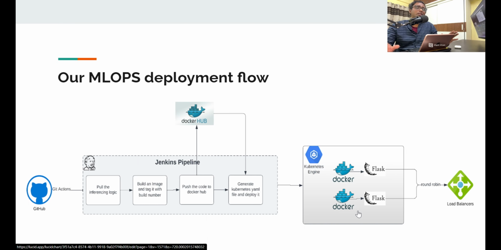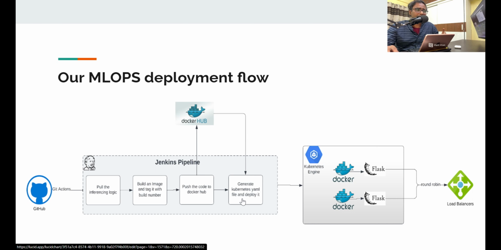You are not even aware that your container is down. Everything will be taken care of by your Kubernetes engine. And of course, as we are deploying our model in multiple places, technically in two different servers, we'll get two APIs, right? And we need a load balancer. Kubernetes gives you that as well.